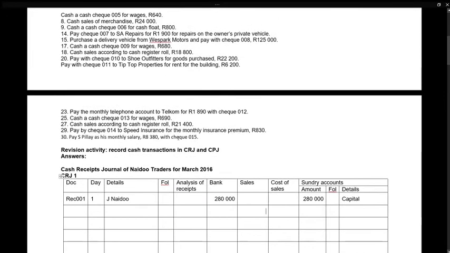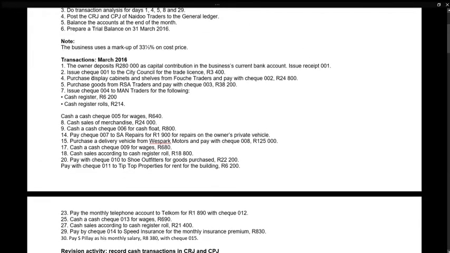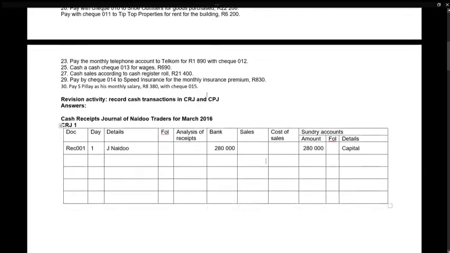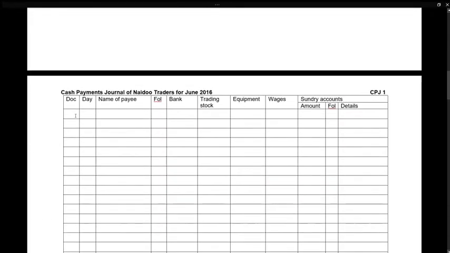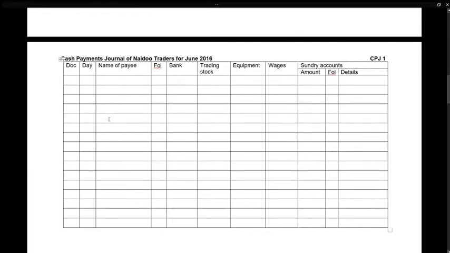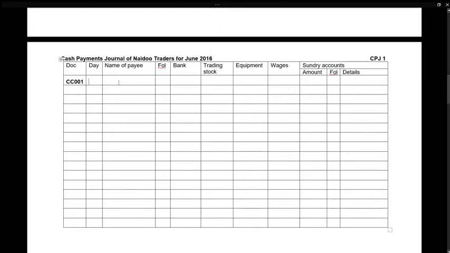Right, second transaction. Issued check 001 to the City Council for the trade license, 3,400 Rand. So we paid money in this instance, so we will go to the cash payments journal and record this transaction. Check counterfoil 001. It took place on the 2nd. Name of payee, who are we paying this money to?